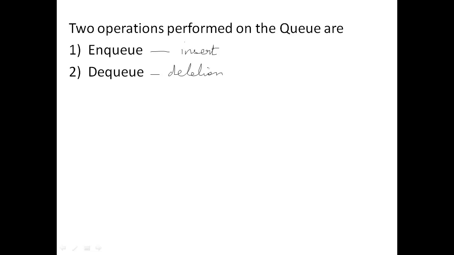Now remember, because we are using a list for this, insertion is going to be done using the append function, and deletion we are going to do using the pop function, but pop specifically with the index number, index number 0. Why? Because we just learned that a queue removes the first element. The first element is always going to be at index number 0.